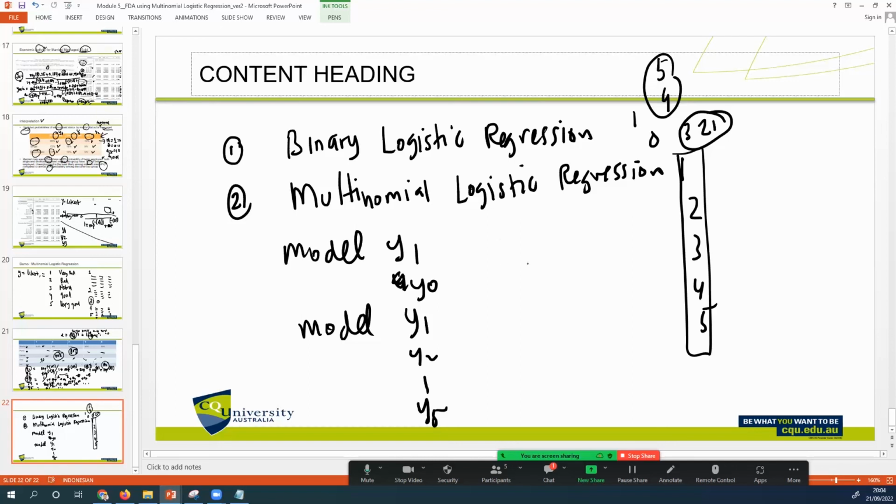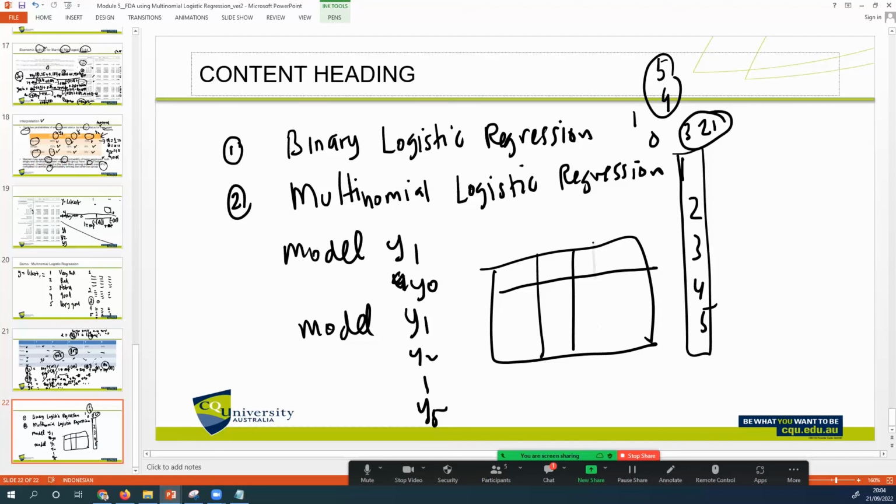And then you develop the matrix. If this is Y1, Y2, Y3, Y4, this is the testing data of Mr. A, Mr. B, Mr. C, Mr. D, or company A, B, and C. What is the probability of Y5, Y4, Y3, Y2, or Y1 and Y0?